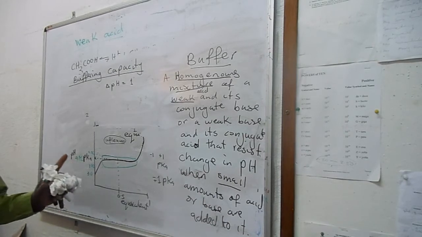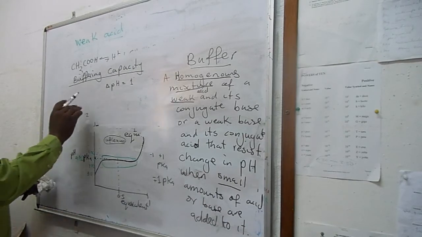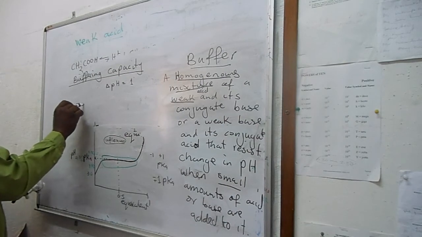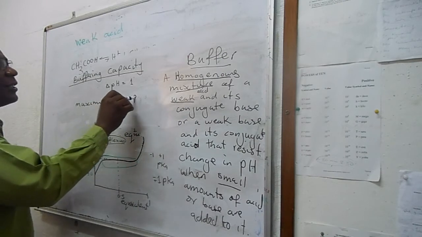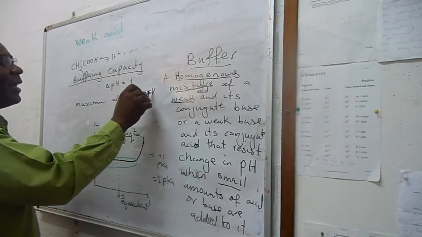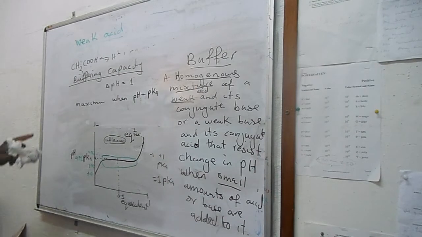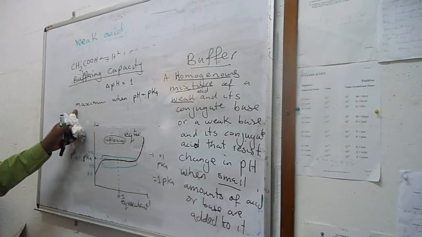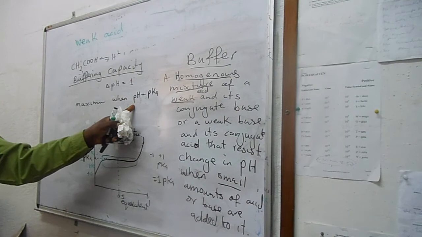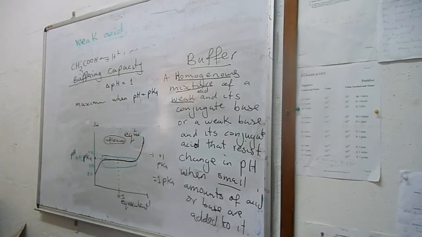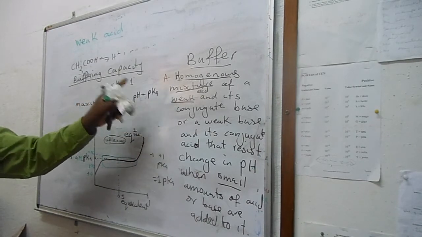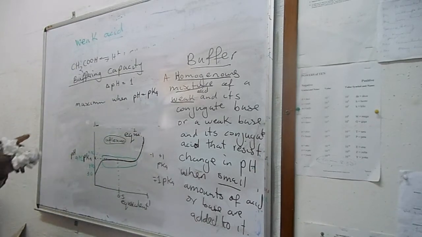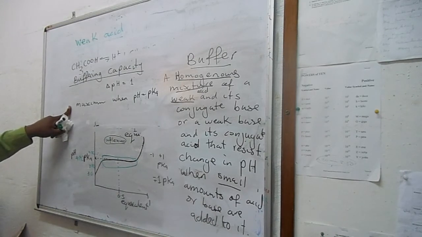Okay, the buffering capacity is maximum when pH is equal to the pKa of the solution. When the buffer has a pH that is equivalent to the pKa of the buffer, then you're going to have optimal buffering capacity.